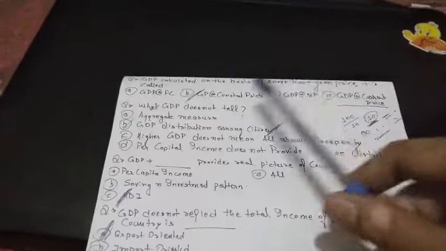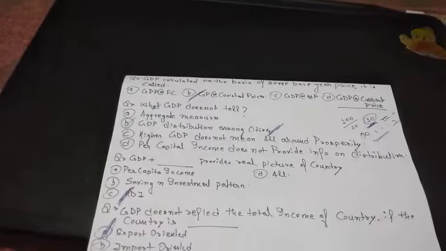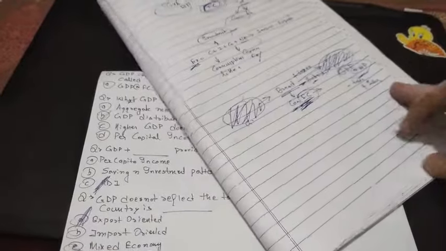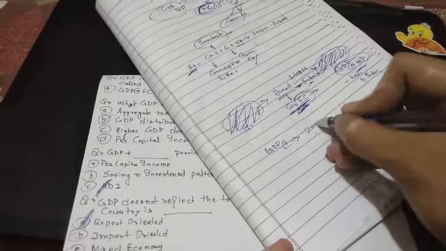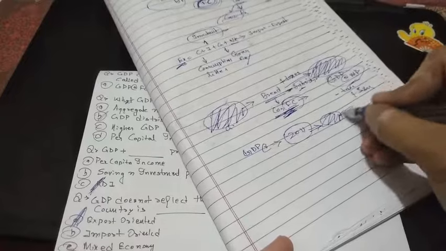Next question, GDP calculated on the basis of some base year price is called. Okay, we will understand what is base price and what is current price as far as GDP is concerned. GDP at base price means the government takes some year as a base year, and whatever the price in that year, the government will take that price only.